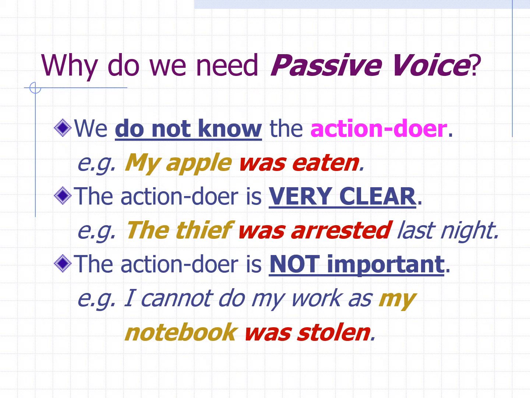What you want to tell Miss Lee is you can't do the work because the book is stolen. It doesn't matter whether it is the boy in the next class or whether it is your dog who stole your notebook. Okay, so the action doer is not important in the context. So in this case, passive voice is really handy.